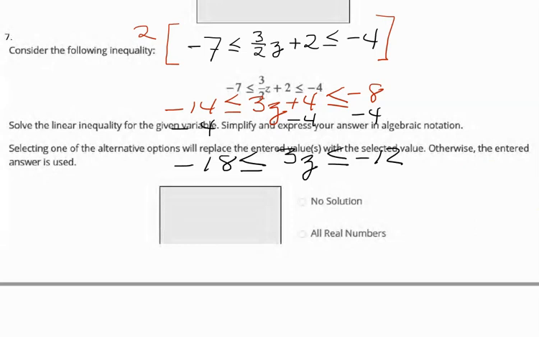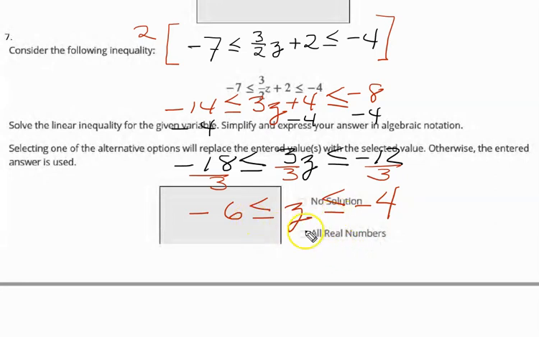And as you probably imagine, you're going to divide everything by a 3 here to isolate the z. So this becomes a negative 6 is less than or equal to z is less than or equal to a negative 4.